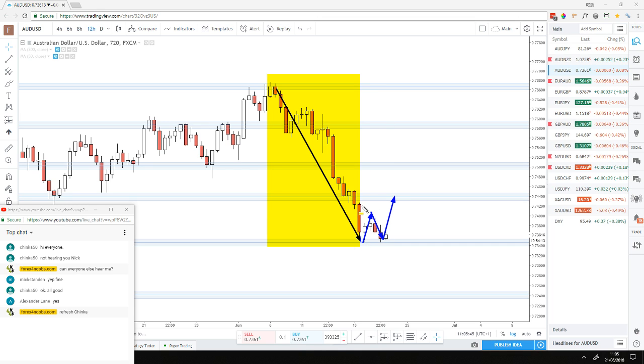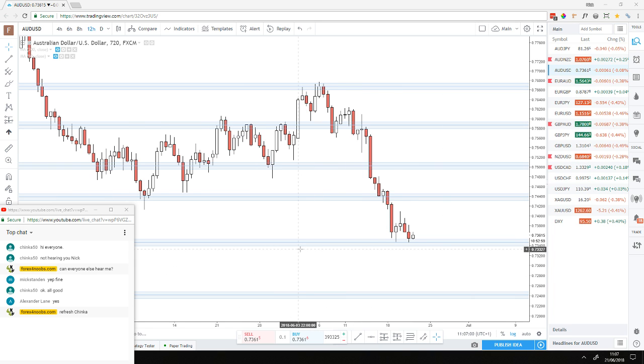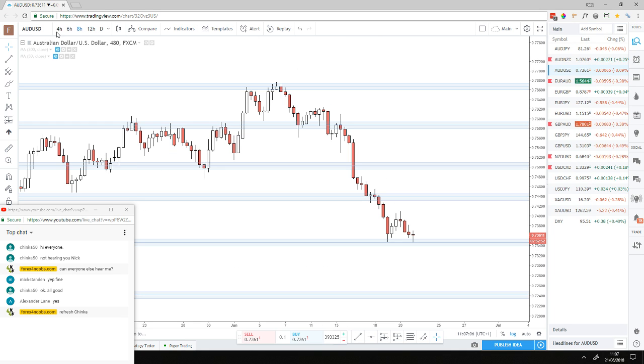But then we've got this failed move also. So that's two factors that make this a riskier trade. So for me personally, I'm just not too sure I want to enter this one. Just a bit on the risky side for me.